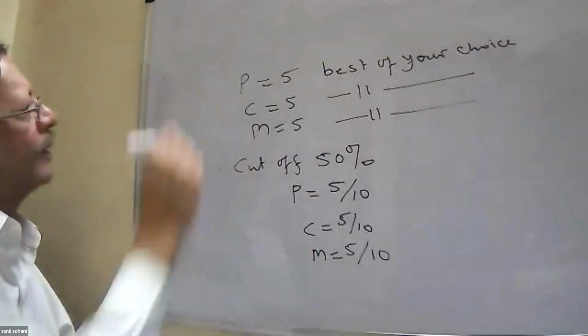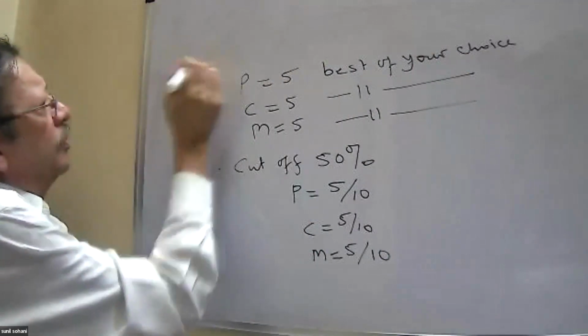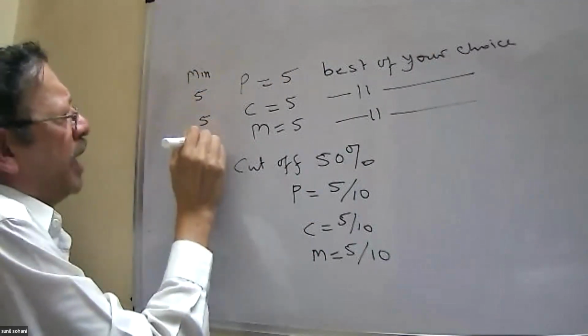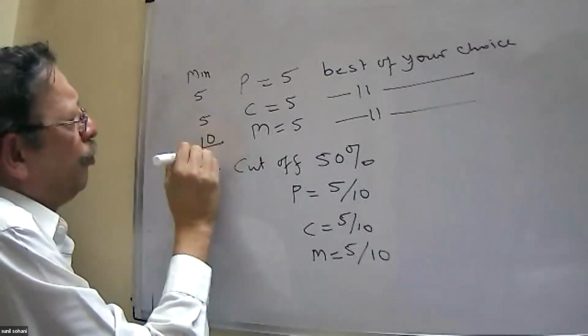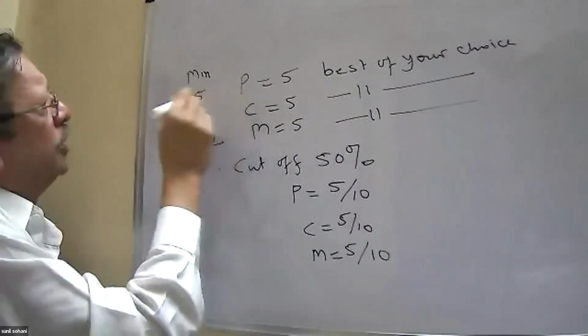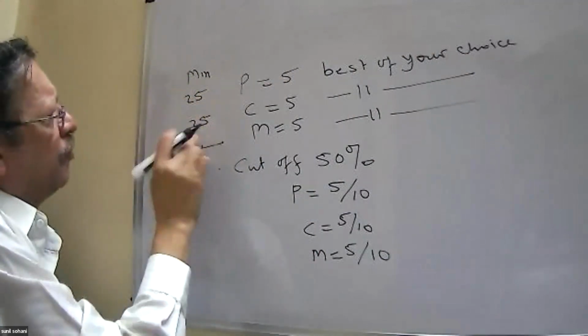Now let me assume the time taken for every question in physics is 5 minutes, in chemistry is 5 minutes, and in maths is 10 minutes. So 5 into 5 is 25 minutes, 25, and this is 50 minutes.